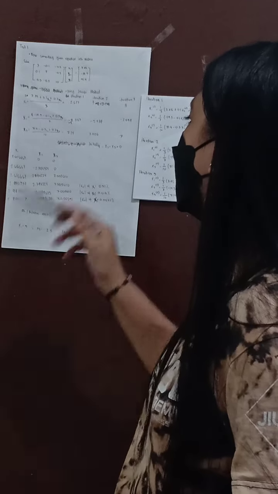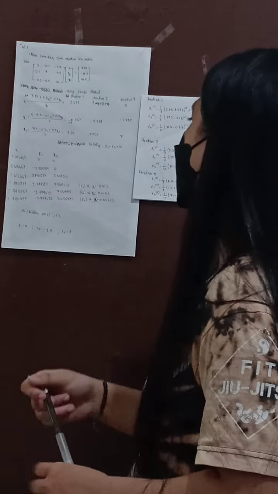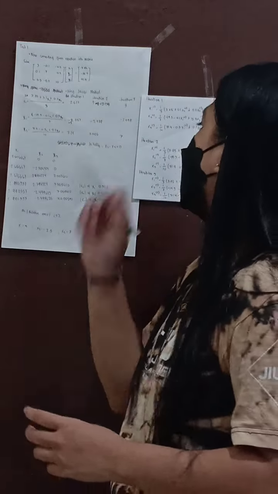For x3, iteration 1 is 7.14, iteration 2 is 7.006, and iteration 3 is 7. Initially, x2 equals x3 equals 0.